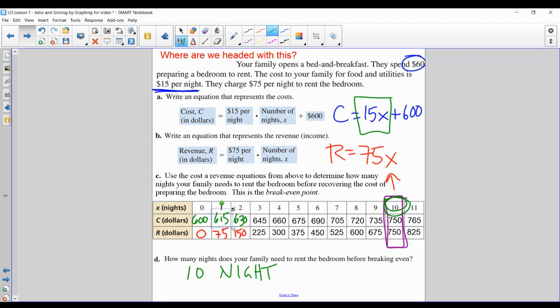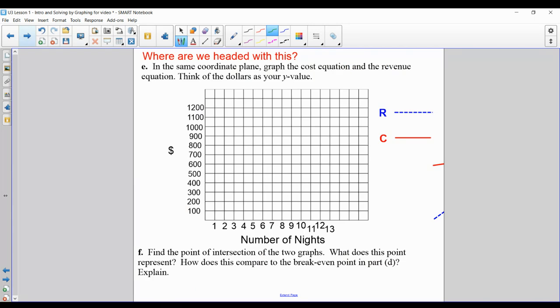Okay, let's take this a little further. If you remember the revenue equation we had, the revenue was y equals 75 times x, and the cost equation was y equals 15x plus 600.